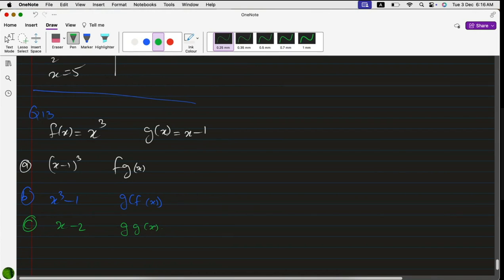And let's check. We can definitely do the rough working in the exam as well. This is g of x, and if I substitute g into this, that is going to be g of x minus 1, and replacing g of x with x minus 1, giving me x minus 2. So for sure this is g of g of x, which could also be written as g squared x.